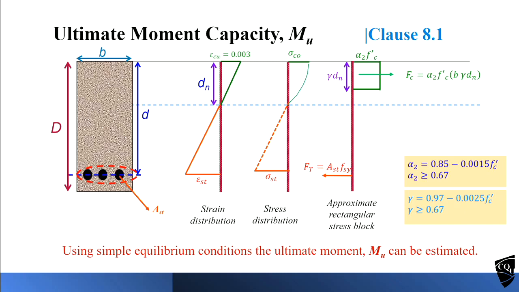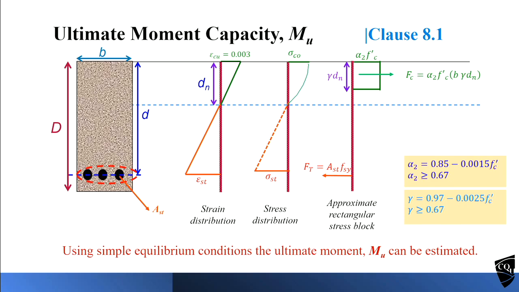Small d is the effective depth, the distance from the extreme fiber of the compression zone to the centroid of the tensile reinforcement. And b is the width of the beam. So this is the standard notation. You should know what D means, what d means, what b means, and also Ast.